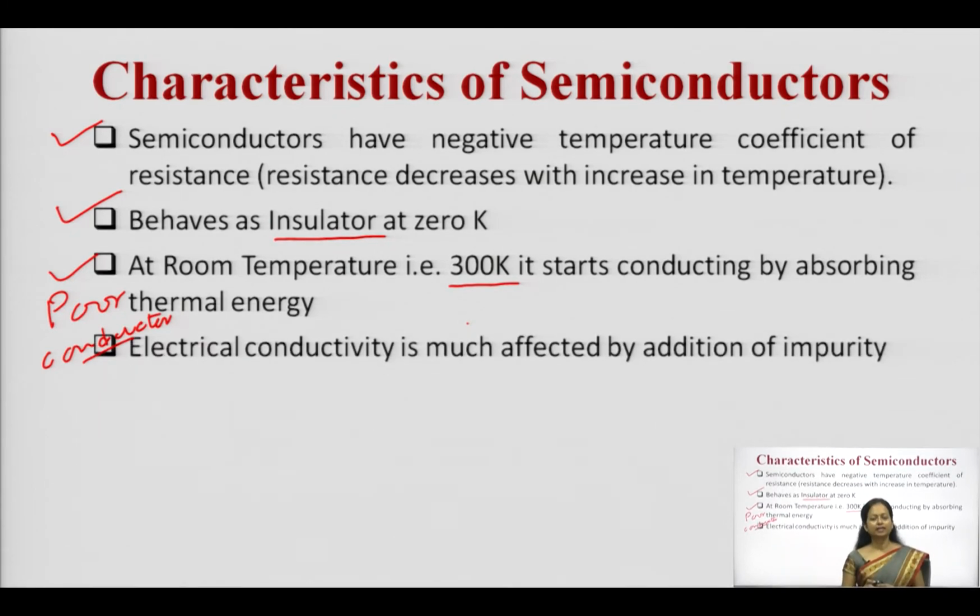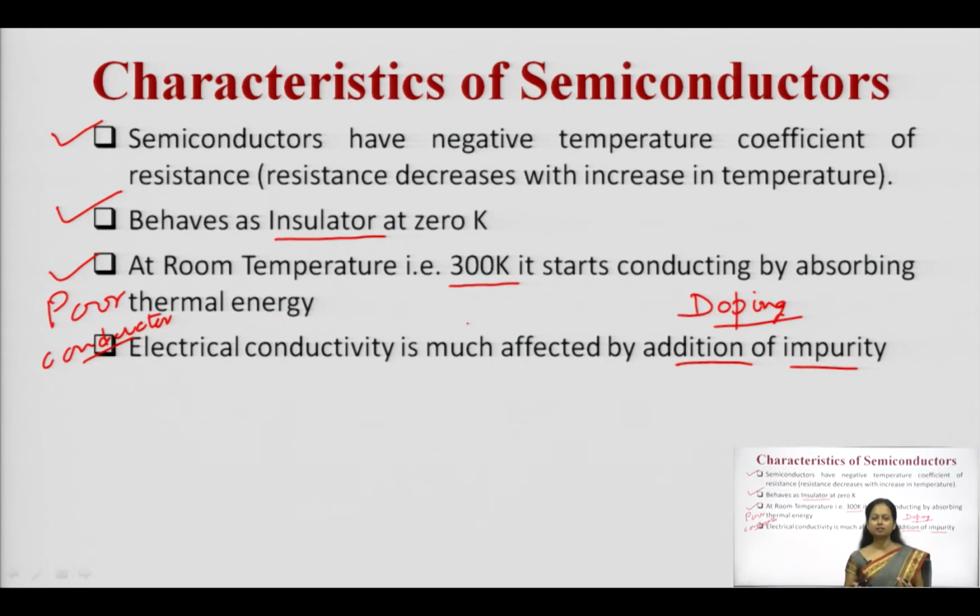Electrical conductivity of semiconductors is very much affected by the addition of impurity. What is the addition of impurity? The process by which some impurities are added to a pure semiconductor is known as doping. If you add certain impurities to a pure semiconductor, that will definitely vary the carrier concentrations.